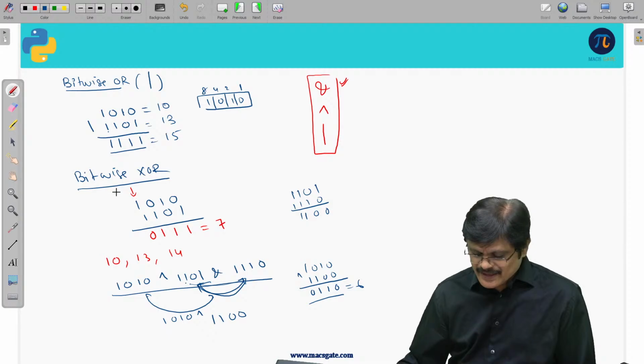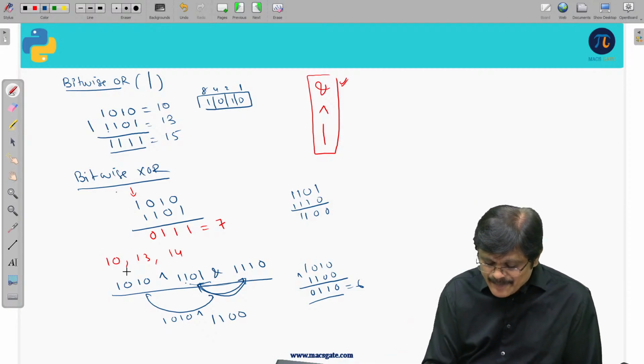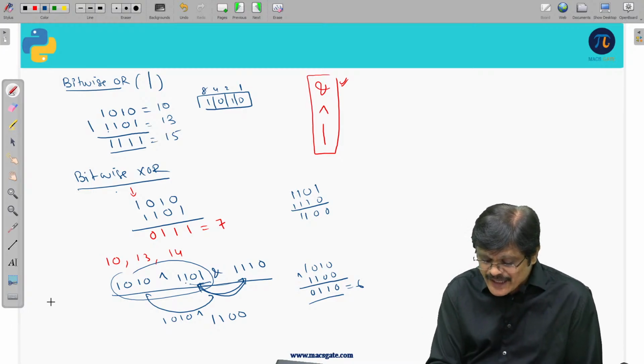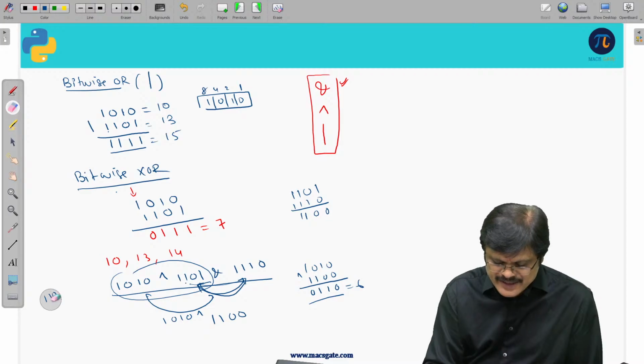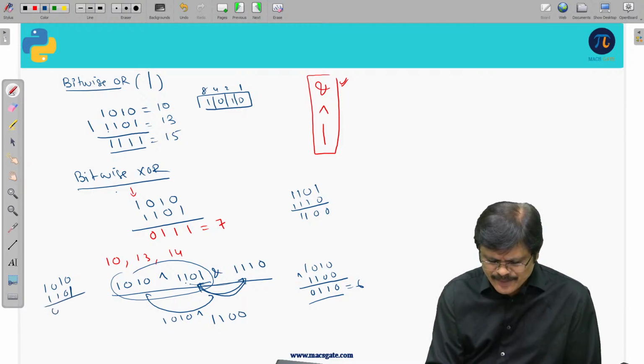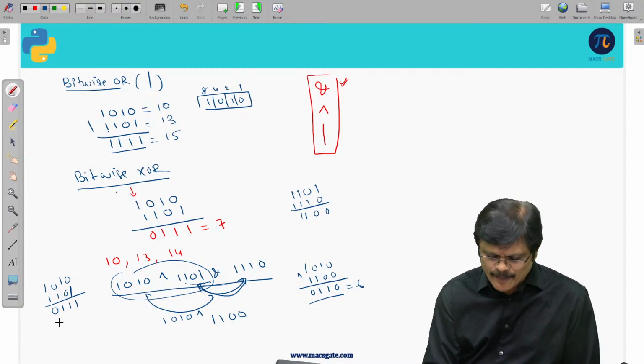Suppose first XOR happens, then AND operation happens. In that case, what happens? Let us check, because the order of precedence is important. First 1 0 1 0 and 1 1 0 1 XOR is happening. XOR means this is 0, this is 1, this is 1, this is 1. Then AND operation with 1 1 1 0.